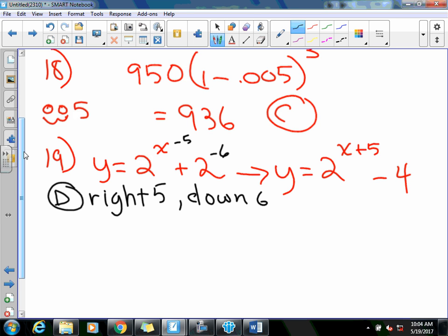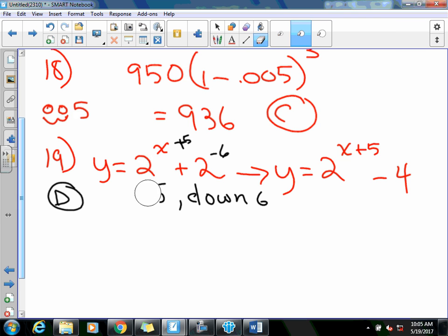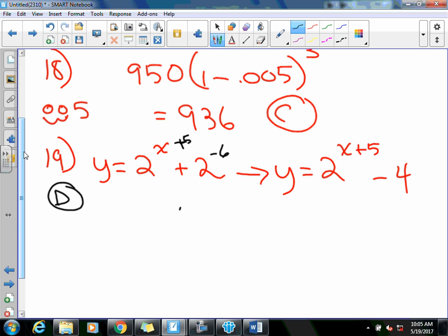Okay, I wrote my words wrong and selected my answer correctly. I was going by what I wrote here, and I wrote this incorrectly. This is plus 5, but it's left 5. So this would be left 5, down 6. Thank you. I confused myself because I put a minus 5 here when I should have put a plus 5.